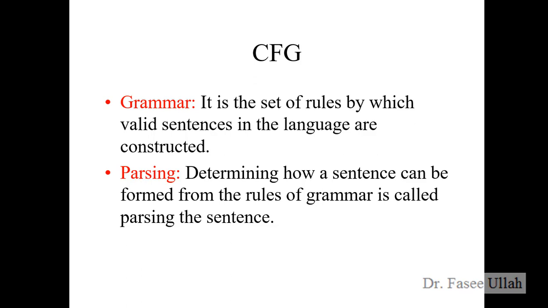And next we have parsing. In parsing, we see how to identify and how to create a sentence from a set of rules. Determining how a sentence can be formed or constructed from the rules of grammar is called parsing the sentence.